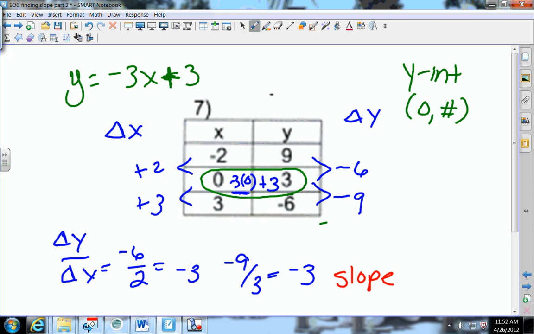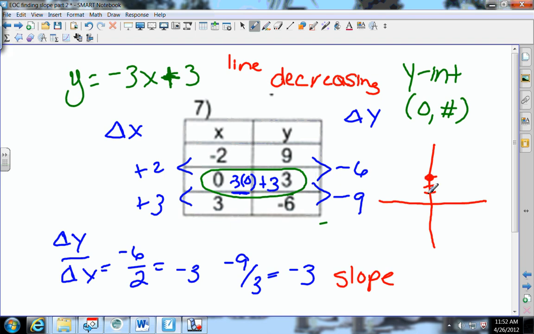Now, wait a minute. Is my line going to be increasing or decreasing? It is going to be decreasing. It is going to be going down. That means that if I was graphing it, my y-intercept would be up here at 3.